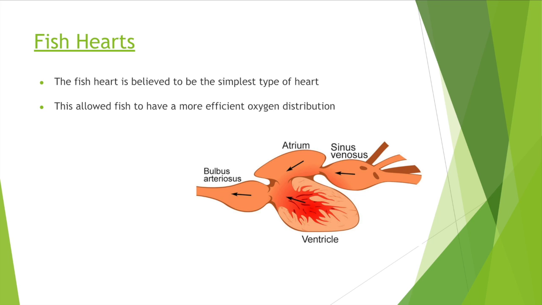The fish heart has 1 large vessel that directs blood into the gills for reoxygenation and then transports it around the body. This double circulatory system allows for more efficient oxygen distribution throughout the body. This changes the structure coincident with the development of lungs.